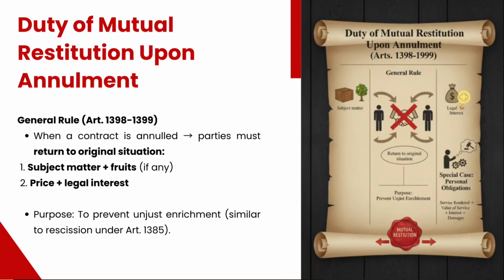The fruits must be returned because the party who received them had no right to enjoy the same. The interest must be paid because the party who received the money had no right to use it. 2. In personal obligations where the service had already been rendered, the value thereof with the corresponding interest is the basis for damages recoverable from the party benefited by the service.